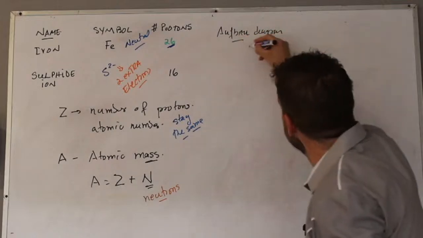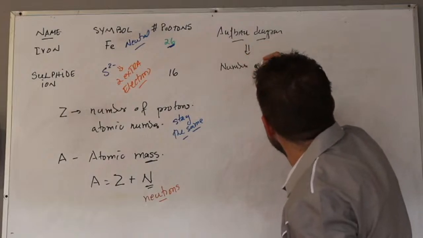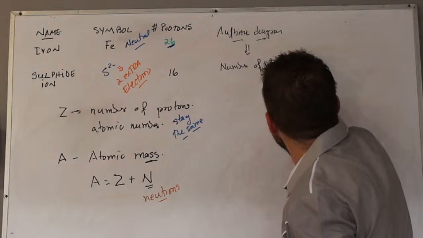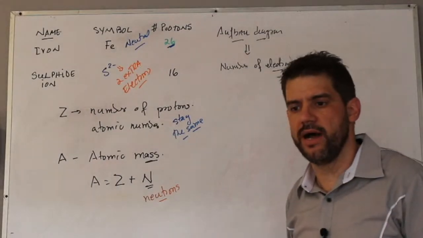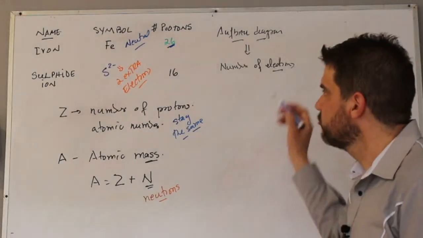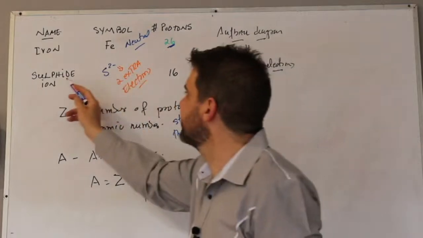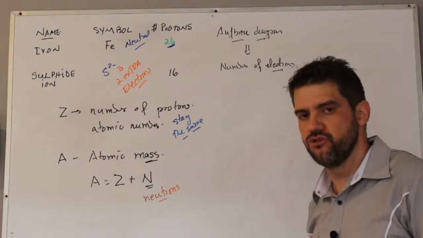So whenever you are asked to do an Aufbau diagram, make sure you get the number of electrons. We were supposed to do it in the question for sulfide, but we are going to do it for both.